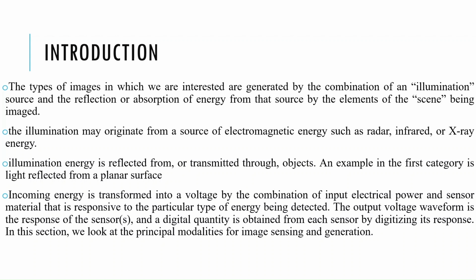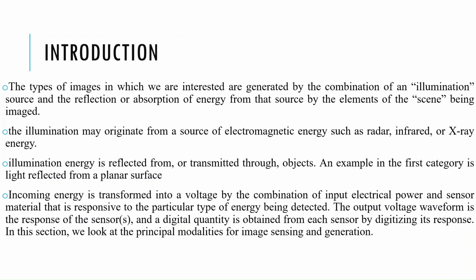As an example, we can see light reflected from a planar surface or from any kind of object that is to be processed, and the energy is absorbed by a sensor that converts it into electrical signals.